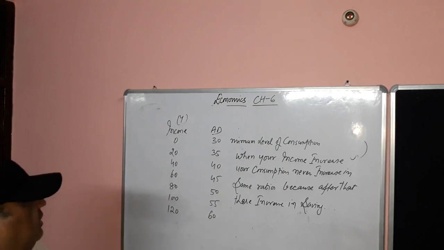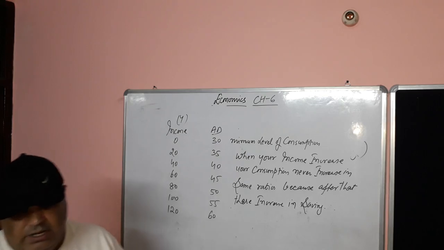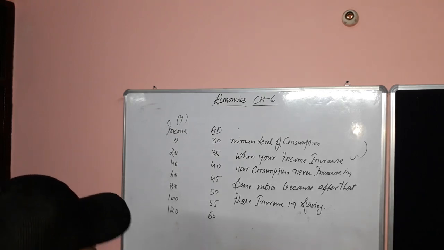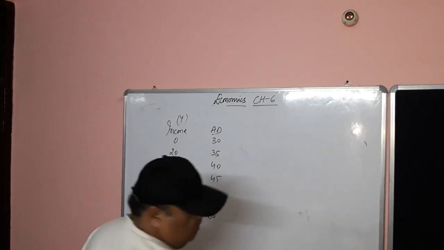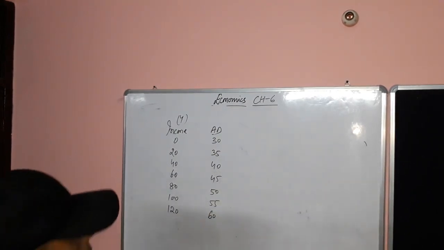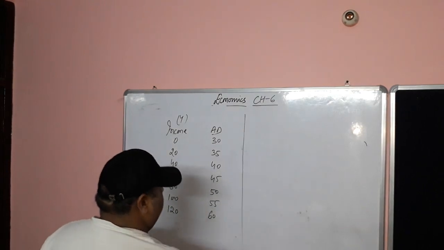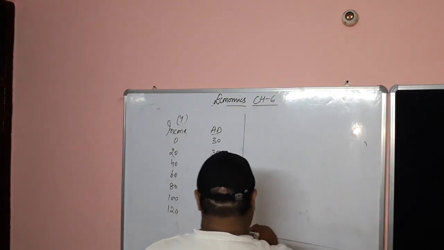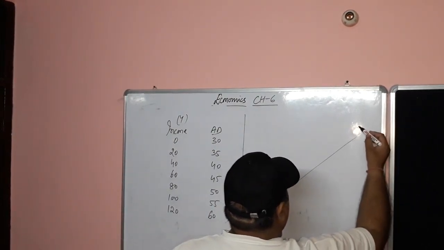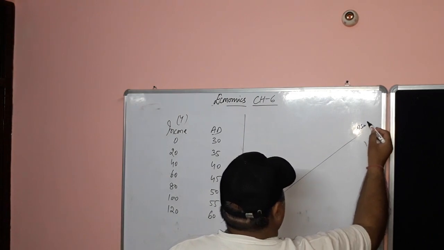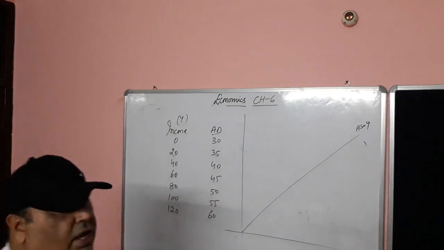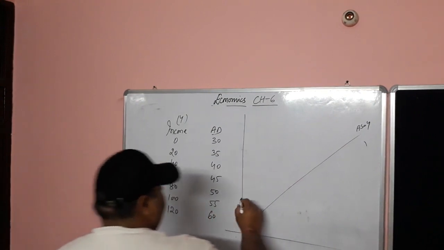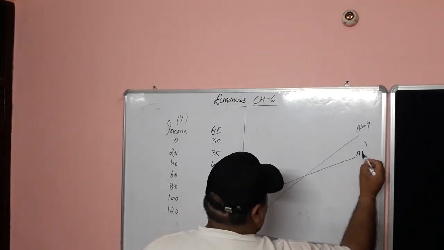On the basis of income and the aggregate demand curve, when we make the diagram, what is the shape of the diagram? The shape of the diagram is like this. We elaborate: aggregate demand curve, aggregate supply or income curve, and aggregate demand curve like this.